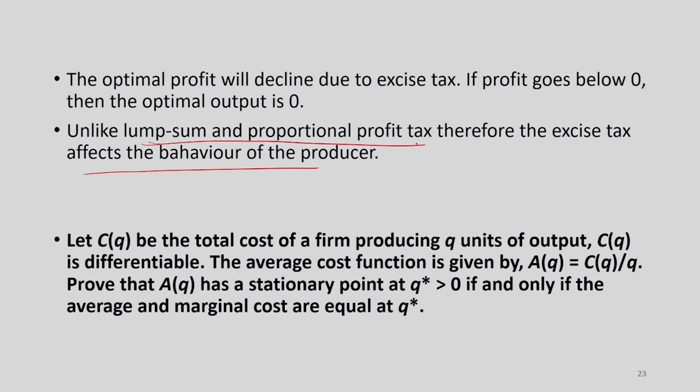In lump sum tax or proportional profit tax, there was no effect on the optimal quantity the producer was producing or the optimal price, except for whether the producer is going to be producing at all or not, that was getting affected by the tax. Other than that, there was no change in the optimal quantity and price. But here, in case of excise tax, the optimal quantity and price are getting affected.